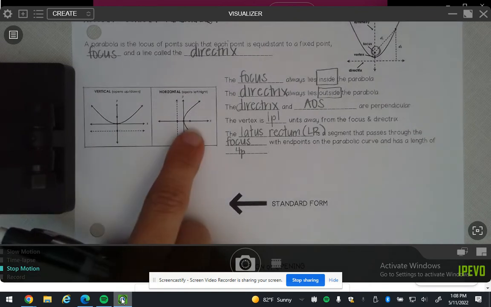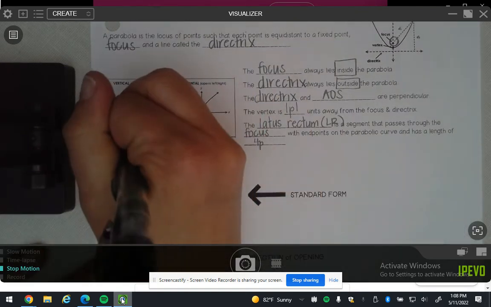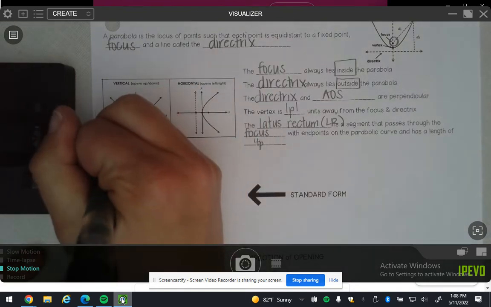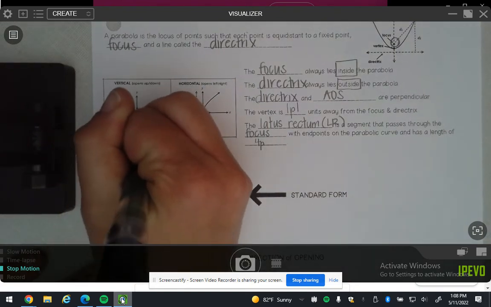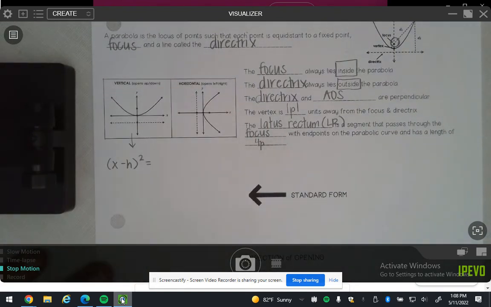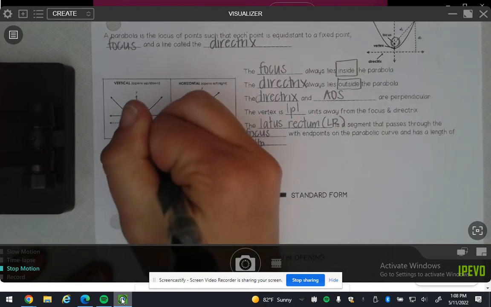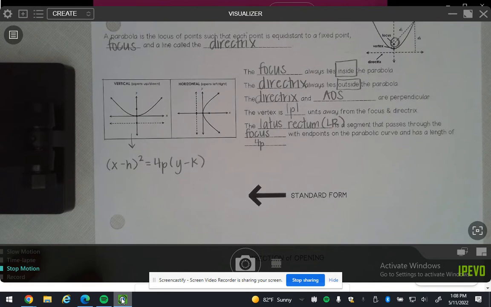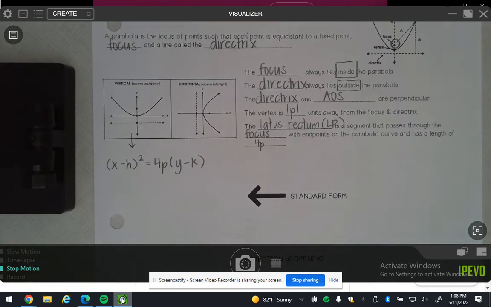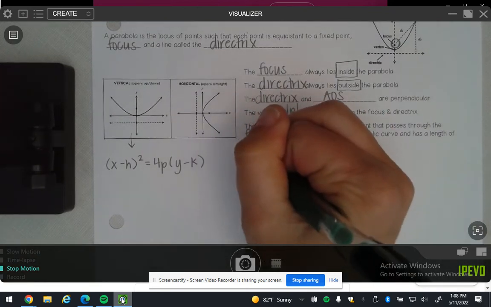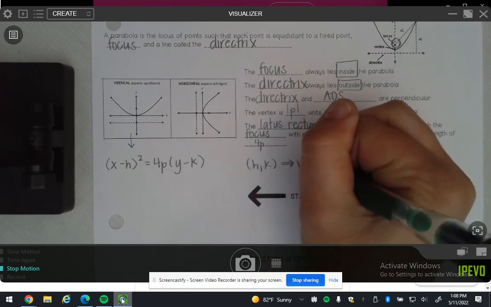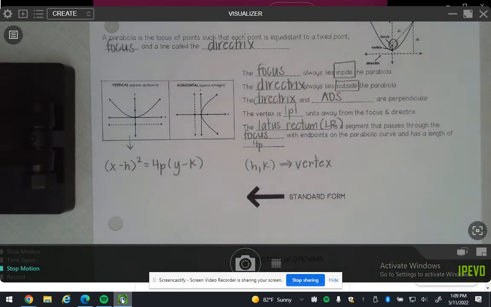All right. Now, we have vertical, which opens up and down. We have horizontal, which opens left and right. Your vertical equation in standard form will look like this. Make sure you write this down. (x minus h) squared equals 4p times (y minus k), where h and k are your vertex.